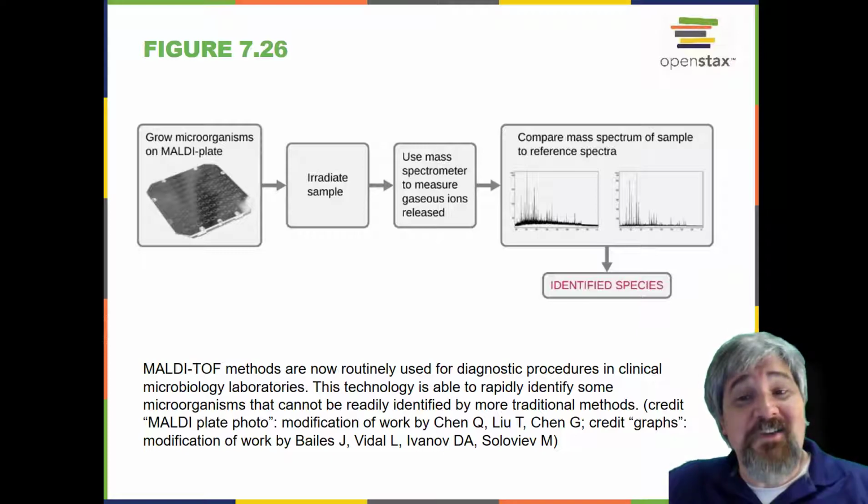A plot of detector signal versus m/z yields a mass spectrum for the organism that is uniquely related to its biochemical composition. Comparison of the mass spectrum to a library of reference spectra obtained from identical analyses of known microorganisms permits identification of the unknown microbe.